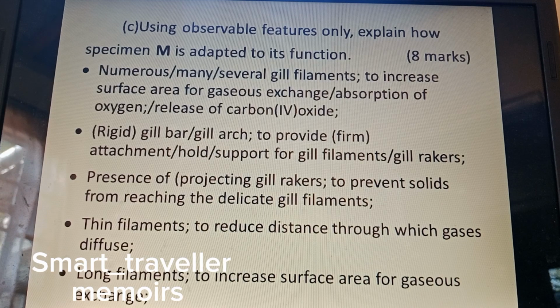Thin filaments to reduce distance from which gases diffuse. Long filaments to increase surface area for gaseous exchange. So each bullet has got 2 points. And if you count them, they are 1, 2, 3, 4, 5. So there are 10 points or 10 marks, maximum 8.